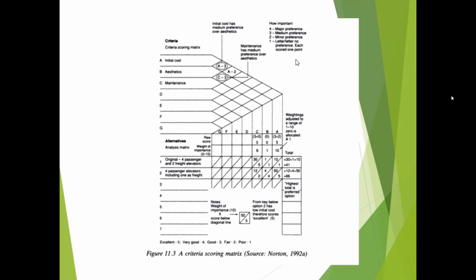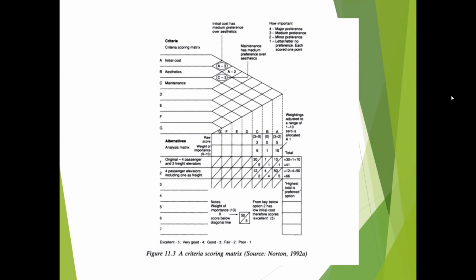Each criterion, how important it is. Some clients are very much concerned about cost. Some clients are very much concerned about aesthetic. Some are not concerned about initial cost and aesthetic, but they are more concerned about maintenance. Right. Some clients are concerned about all. So based on their preference, we evaluate, right?